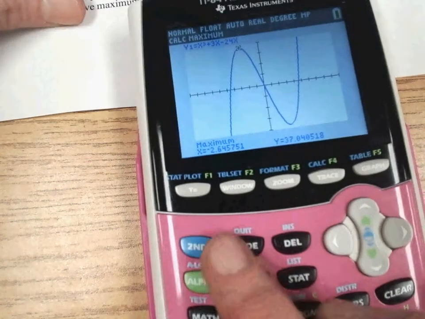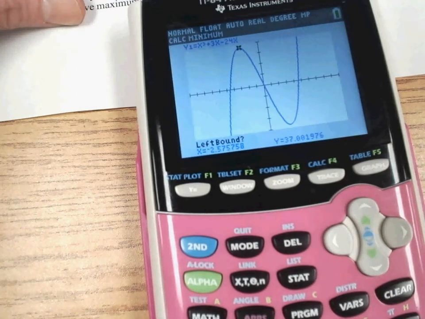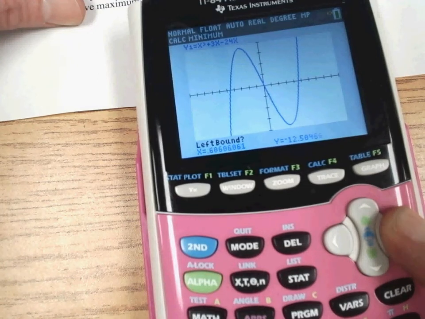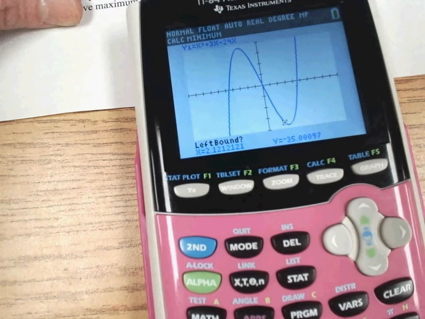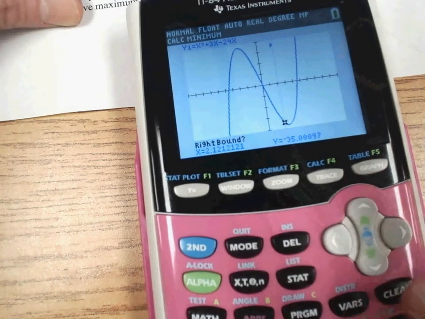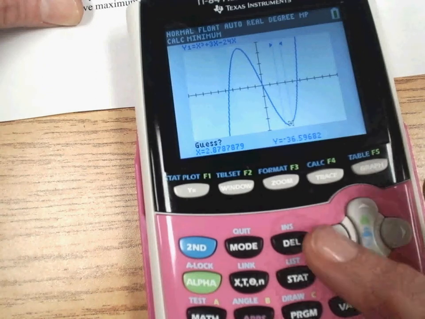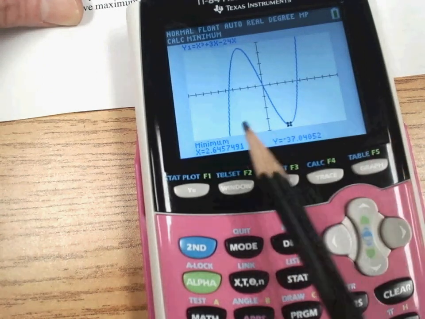We'll then find our relative min. Again, going to our calculate key, going to minimum. We're going to go all the way down, pressing your over key. Only the left and right arrows actually allow us to navigate on the graph. We'll go to the left. Now we'll do the right, and somewhere in the middle.